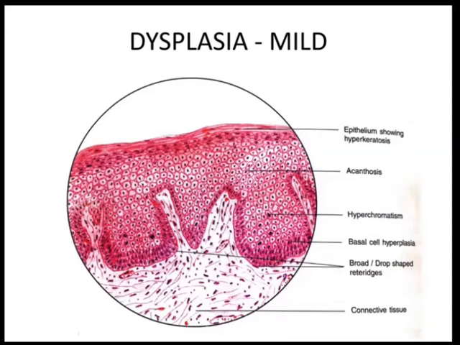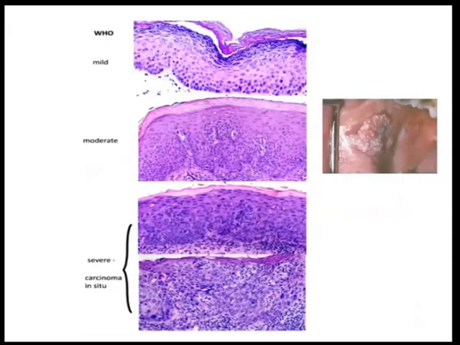You can see hyperkeratosis, that is the superficial epithelial layer shows hyperkeratosis. The cellular changes will be change in the size and shape of the cells. You can also appreciate hyperchromatism and mitosis. So below is the underlying connective tissue.